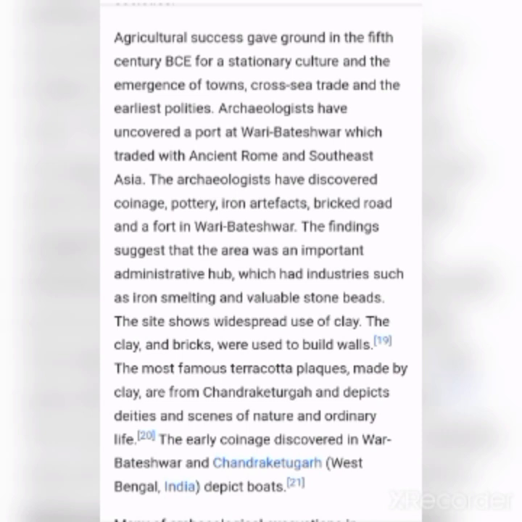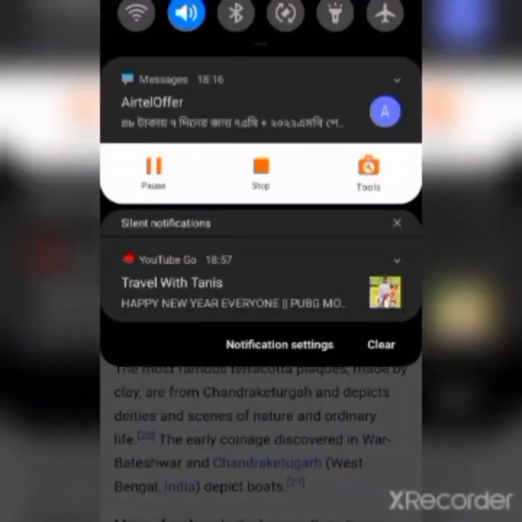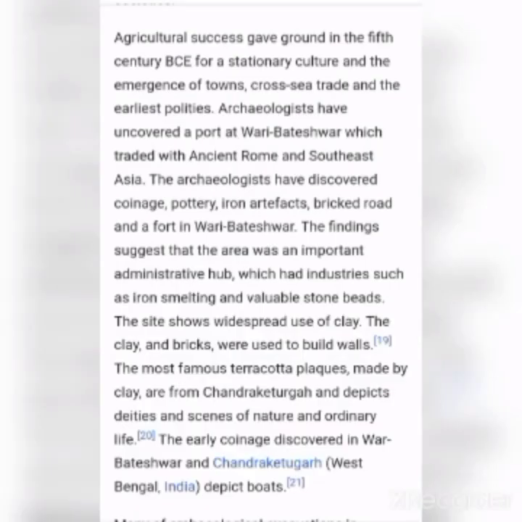The findings suggest that the area was an important administrative hub, which had industries such as iron smelting and valuable stone beads.